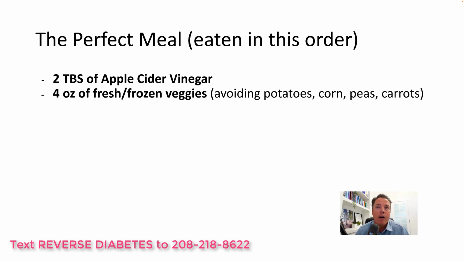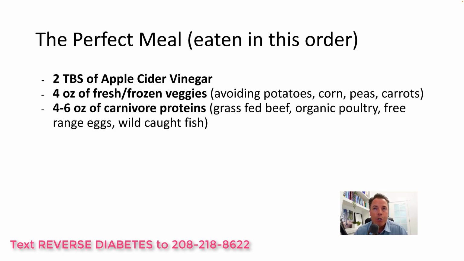Then I would eat 4 ounces of fresh or frozen vegetables, avoiding corn, potatoes, peas, and carrots because of their glycemic load. They spike your blood sugar really fast. And if you're part of our metabolic reset program, you've heard me say this before, but I would start by eating your vegetables first, and then I would go to your carnivore protein. 4 to 6 ounces of grass-fed beef, organic poultry, free-range eggs, wild-caught fish, etc. Eat those proteins next.